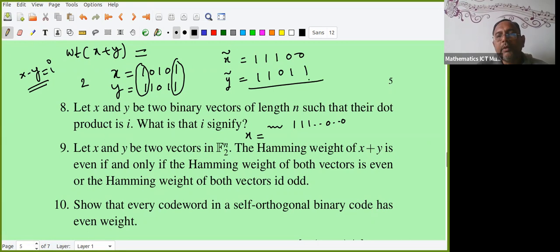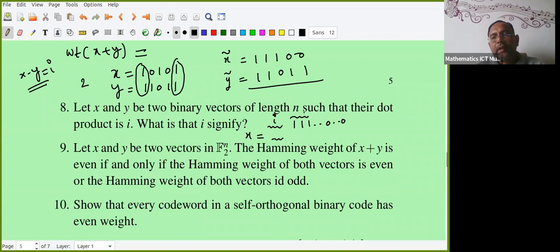Now we add them. Will the answer change? No. So first I'll put I ones here, and in y also I ones. And here how many ones am I putting now? The remaining.